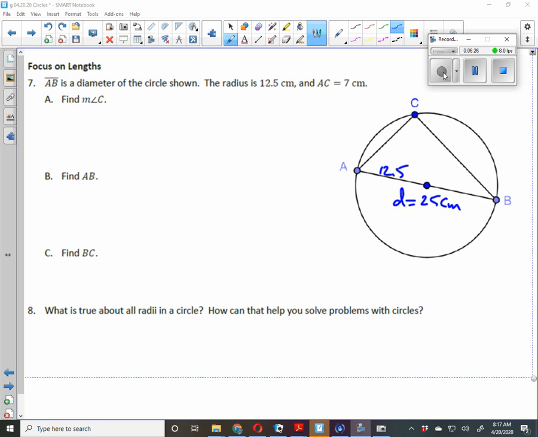AC is 7. We know this is the diameter, so this is a right triangle. We know then that this is a 7, 24, 25 Pythagorean triple. That means 24 centimeters, right? And you could solve that using the Pythagorean theorem, but those Pythagorean triples are going to come in handy again.